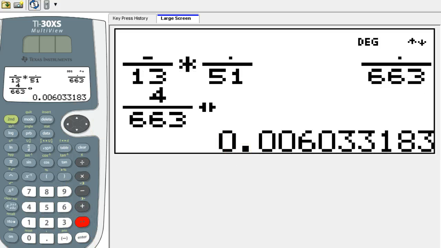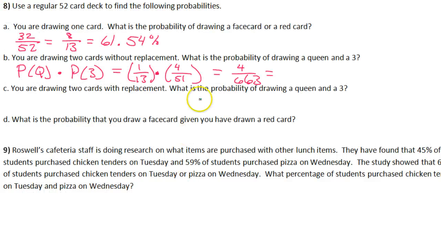And in fact, if we move that decimal point twice, that is a probability of 0.60%. Okay, so less than 1% chance.